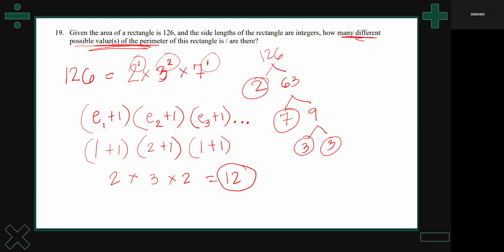Teacher, there are some perimeters like 1 by 126 and 126 by 1. That is the same, so I think it should be divided by 2. Yeah, I'm not yet done. So it is divided by 2.